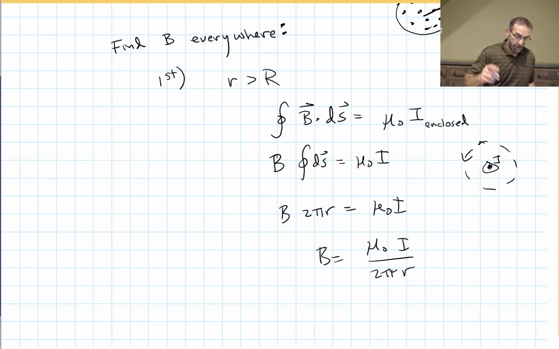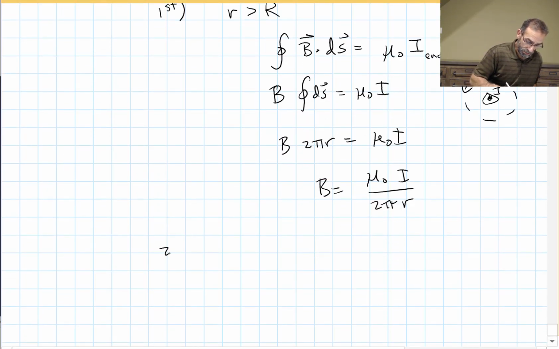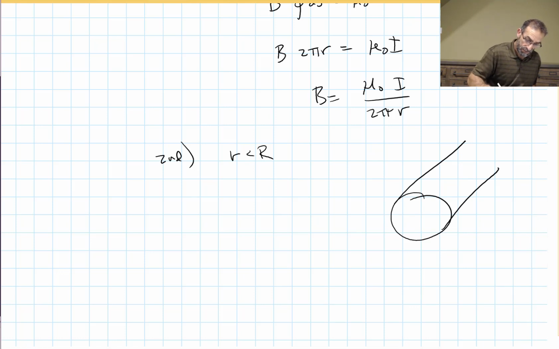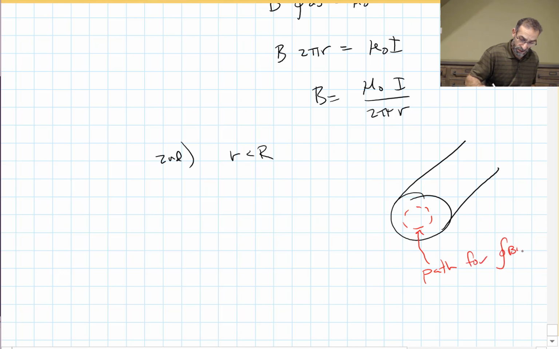Now we want to know the magnetic field inside of that wire. R less than the radius of the wire. So I'm going to draw my wire with some thickness to it. And our path, we're going to take this path around now, not the big one. We're inside. This is our path for integral B dot ds.